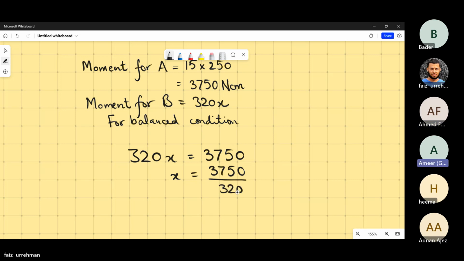I made the opposite. Instead of dividing 3750 by 320, I divided 320 by 3750.